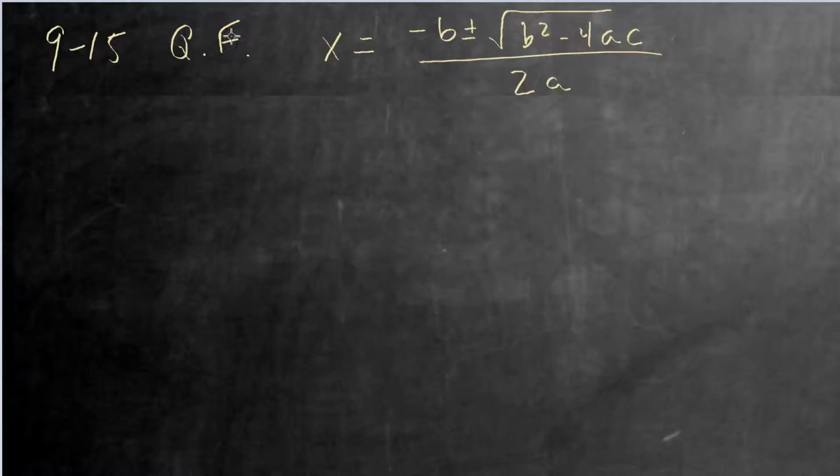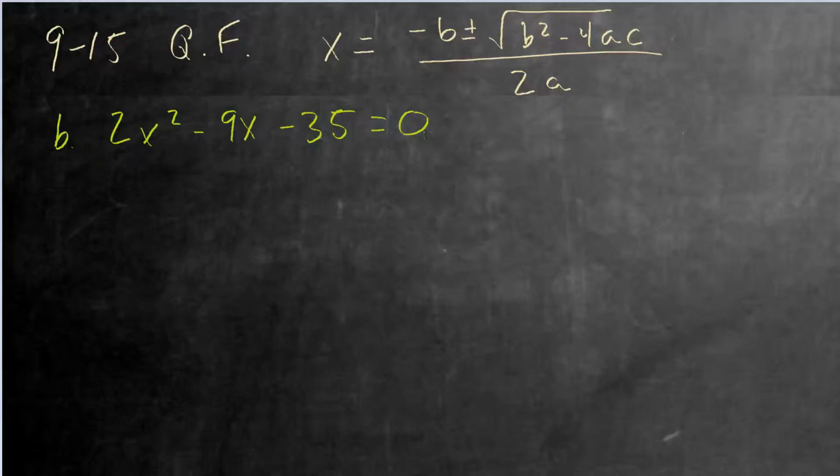All right, let's look at b. 2x squared minus 9x minus 35 equals 0. So my a value is 2. My b value this time is a negative 9. And my c value is negative 35. Let's plug them in.